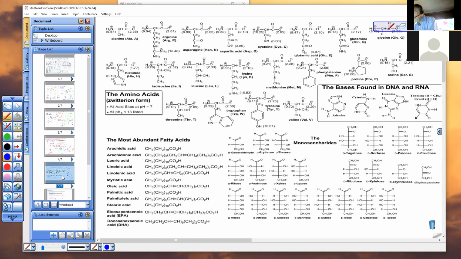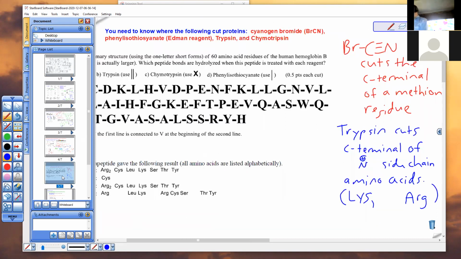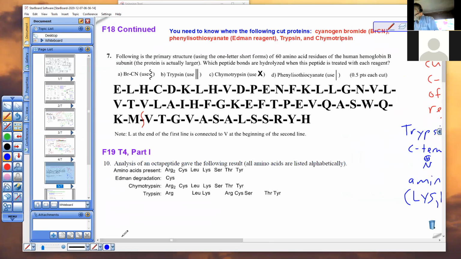R and K. So we're going to put what kind of mark? Trypsin, double line, R and K, right side. K, and if I miss some, this is where you're going to pipe up for me. R and K. There's K. R and K. There's a good chance I'll miss some.